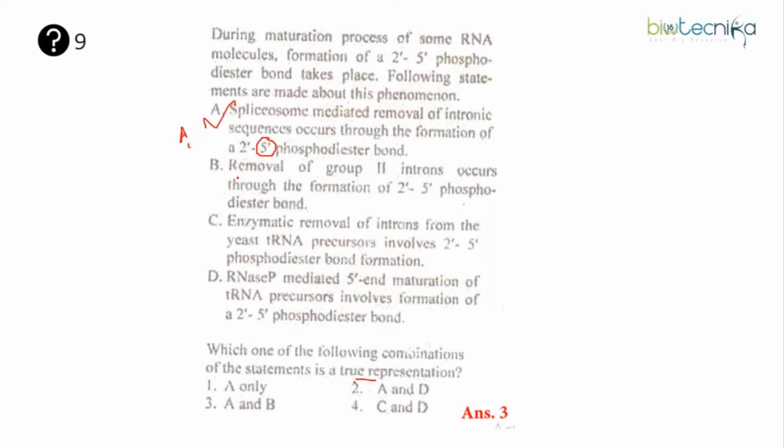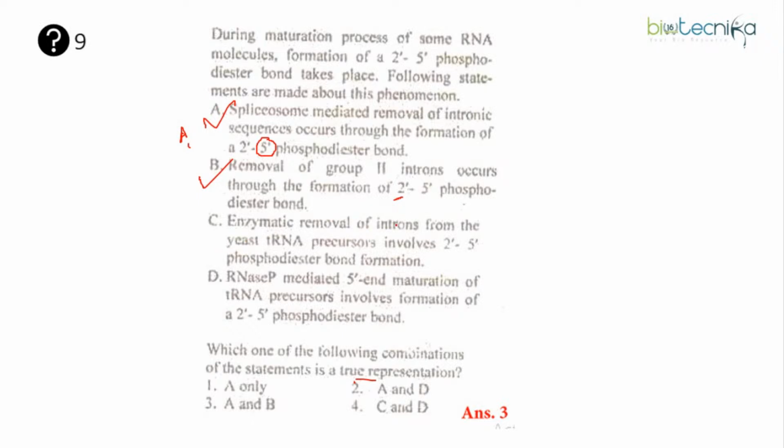Next one, removal of group 2 introns occurs through the formation of 2'-5' phosphodiester bond. This is also correct because here also you have an internal adenine which is giving the 2' OH group, which makes the attack at the 5' exon.